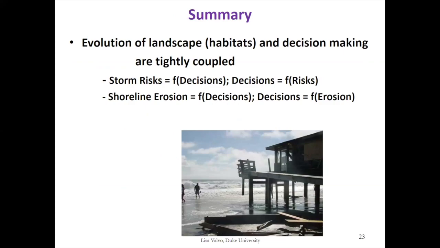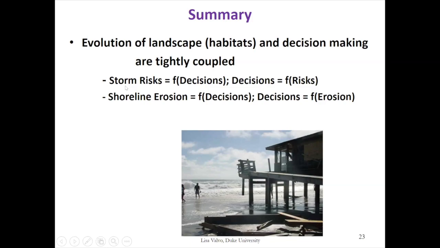So to summarize some of the key points for both Laura's part of this and for mine, decision making has become an integral part of coastal systems over these last handful of decades that we've had these heavily developed coastlines and the pattern of coastal stabilization and defenses against storm impacts, etc. So clearly there's a strong coupling between human and natural dynamics.